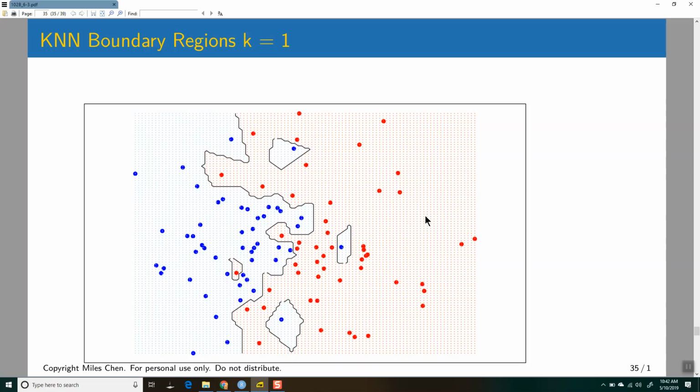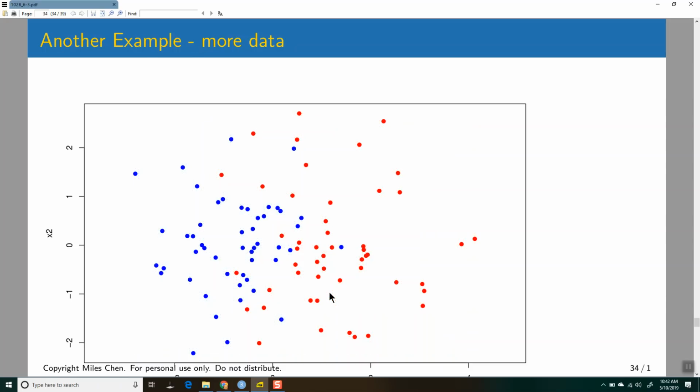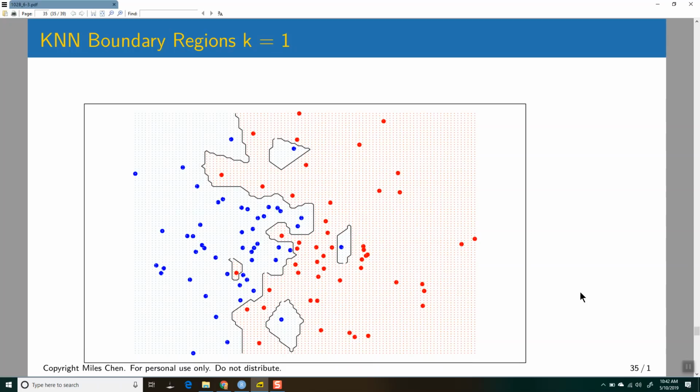This is k equals 1. And this certainly looks like it's overfitting, okay? Because it probably doesn't make sense that these should be classified as blue over here. And likewise, this one shouldn't be. Although, I'm surprised that we even get this.